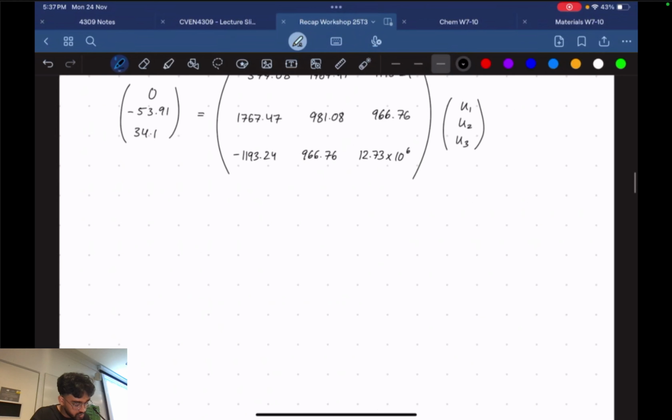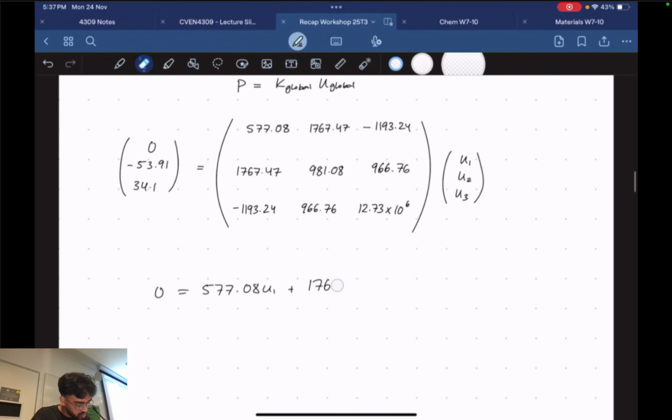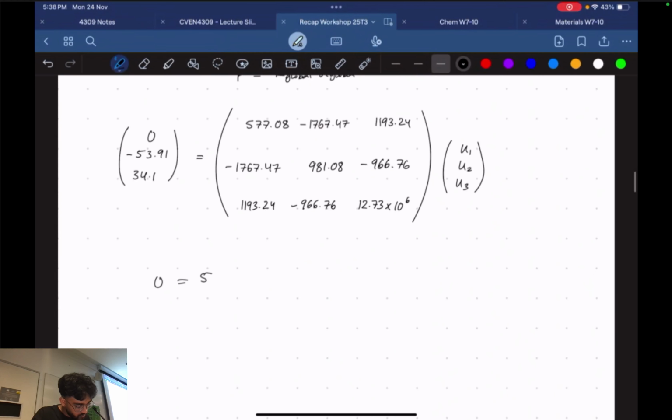So the first equation is going to be 0 is equal to 577.08 U1 minus 1767.47 U2 plus 1193.24 U3. Equation 1.